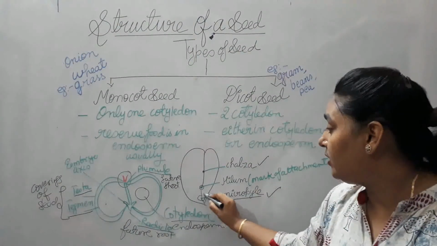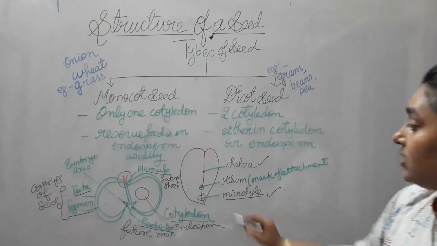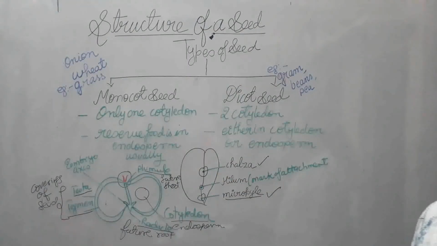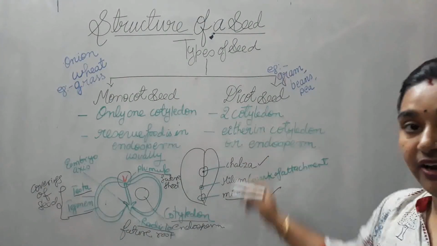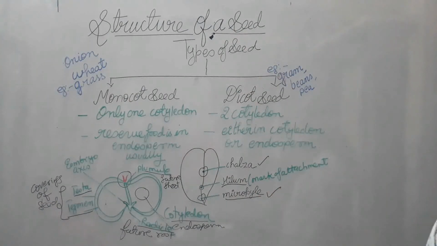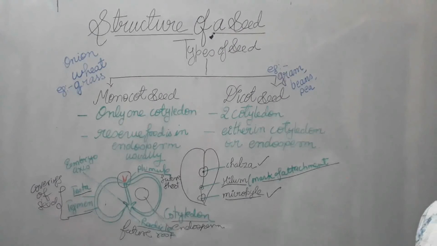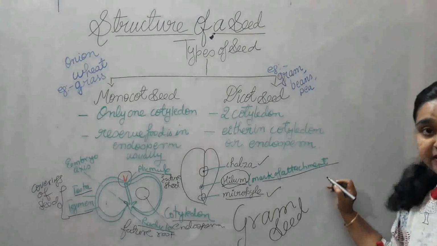This is the area from where the pollen tube has entered. The other end, sometimes in some flowers the pollen tube also goes through the chalaza. This is the hilum. Hilum is actually the mark of attachment, the mark from which it is attached with its stalk.